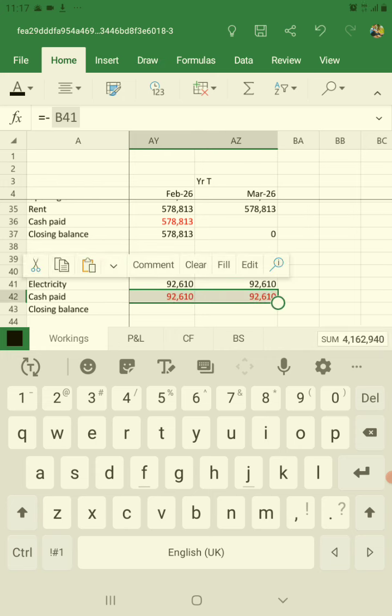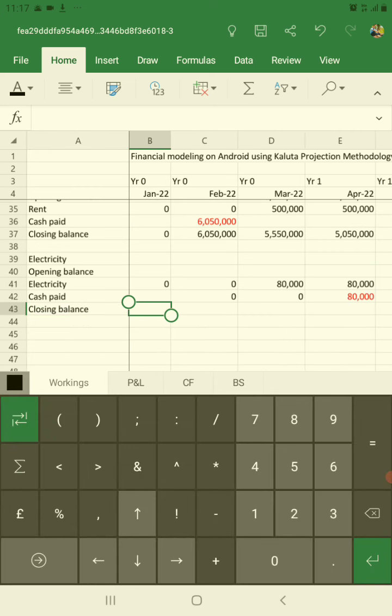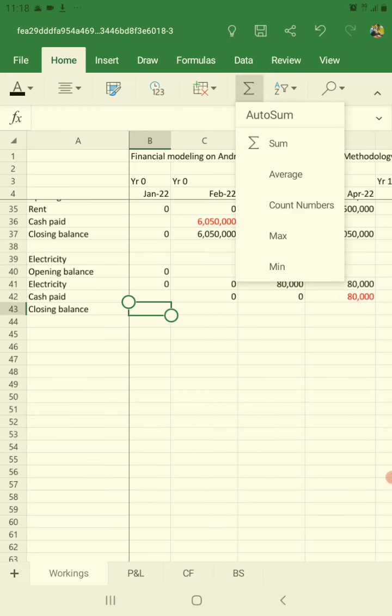Okay, then we go to the closing balance area. Now closing balance will be the opening balance plus electricity minus cash paid. Of course it's already in negative here, so closing balance is just the summation of all these. Let me put 0 on top here so that our summation formula can pick all.